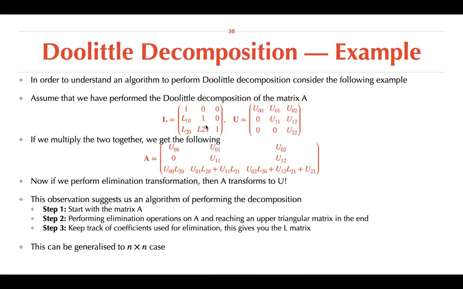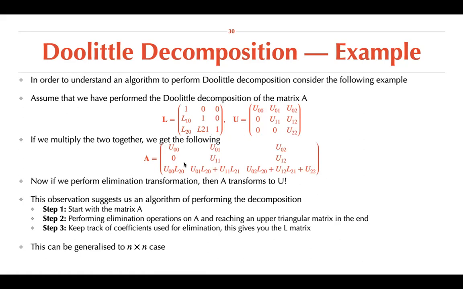So this is what we are doing when we want to calculate the LU decomposition. In order to understand how it can be done, first observe this. Let's say we have already solved this problem and found that this is the decomposition of A in terms of L and U. As I said, for the Doolittle decomposition you have 1 on the diagonal.